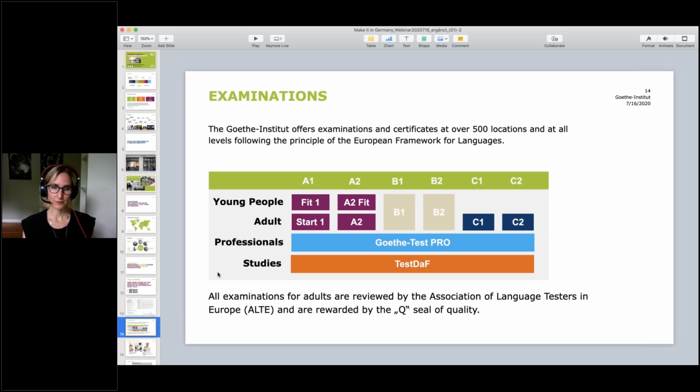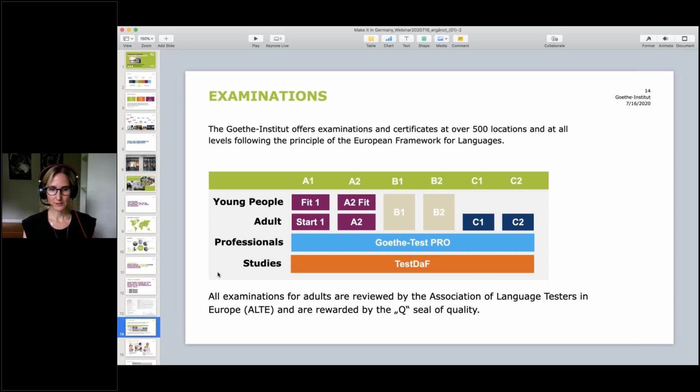So this framework applies to all European languages. It actually can apply to all languages, and it gives you a sort of a structure and a framework to work with and to see what level you're at.